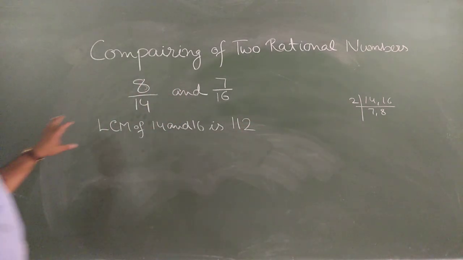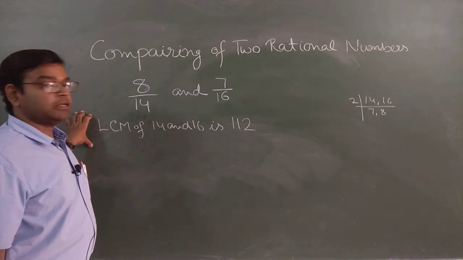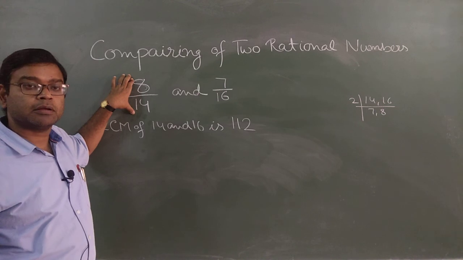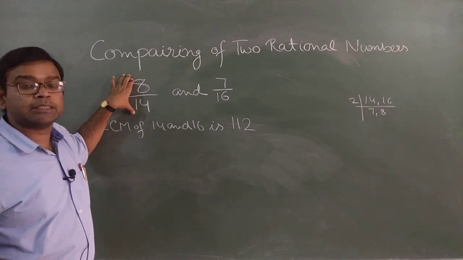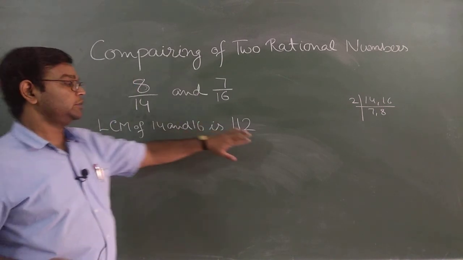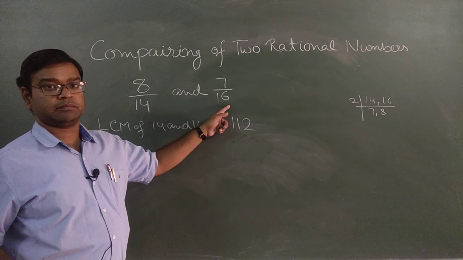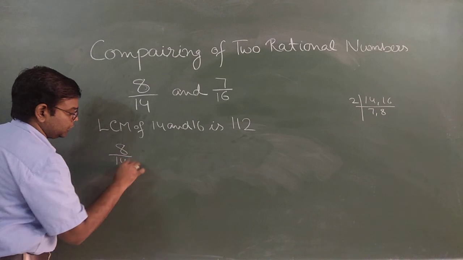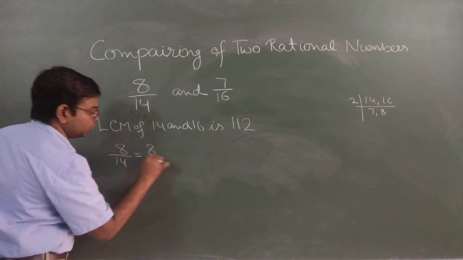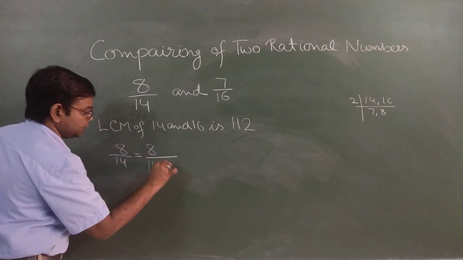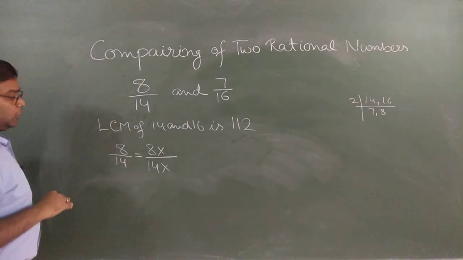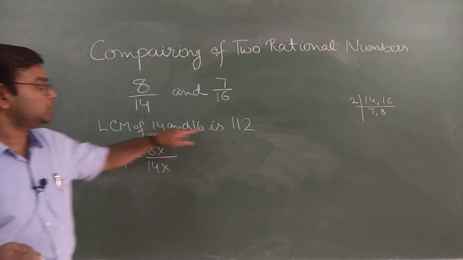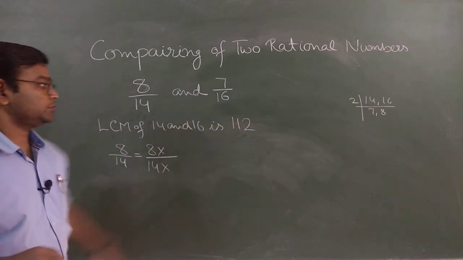Now our next work is to convert each rational number to an equivalent rational number having this denominator in both cases. So we can write 8 upon 14 as 8 divided by 14 — by which number do we multiply 14 to receive 112? It's 8.